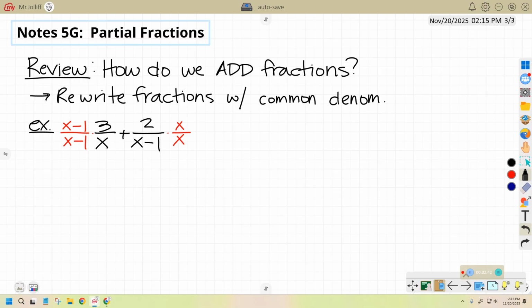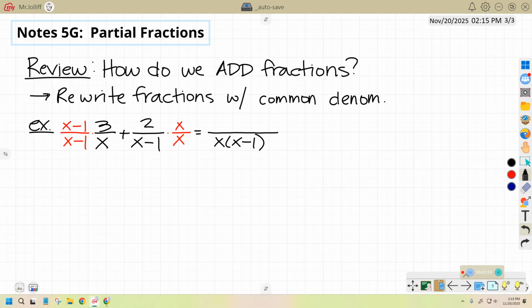And we do that because now I can see both fractions on the bottom have x times x minus 1. They may have them in different orders, but for multiplication, we know that order doesn't matter. They are commutative.